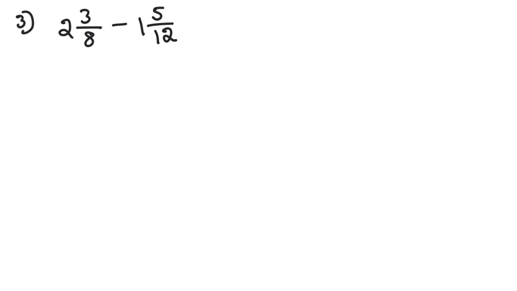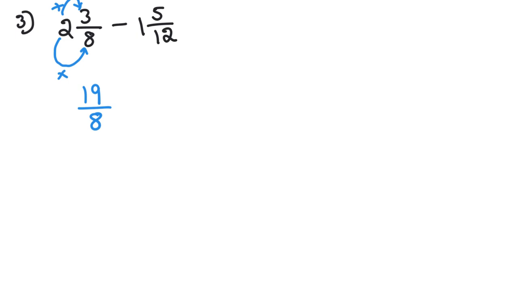We multiply 8 times 2, and whatever the answer is, we add it to 3. So let's see what happens. 8 times 2, 16. 16 plus 3, 19. So it's 19 over 8. So this is how you changed a mixed fraction into an improper fraction.